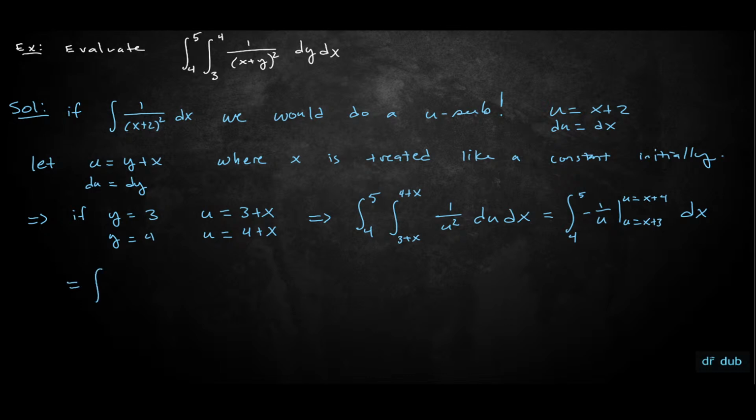We get the integral from 4 to 5 for x, negative 1 over x plus 4 minus negative 1 over x plus 3 dx, which is integral from 4 to 5, 1 over x plus 3 minus 1 over x plus 4 dx.